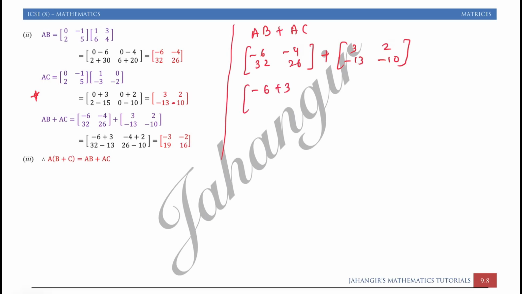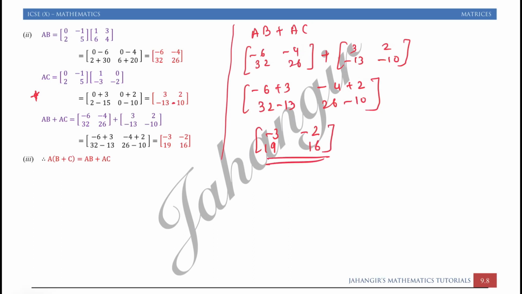Minus 6 plus 3, first term with first term, minus 4 plus 2. 32 minus 13, and 26 minus 10. So minus 3, 32 minus 13 is 19, then minus 4 plus 2 is minus 2, 26 minus 10 is 16.